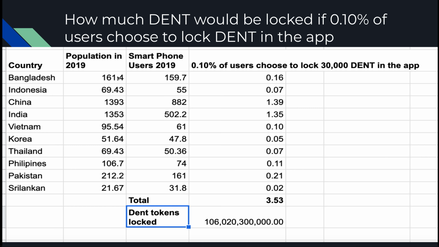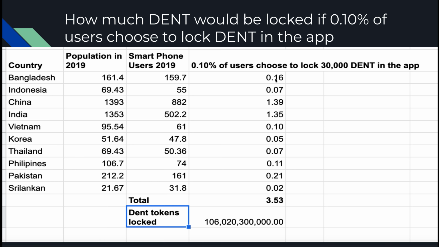We know the population, for example in Bangladesh, is 161 million, and the number of smartphone users is roughly 160 million. Out of those 160 million smartphone users, if just 0.1% of the users choose to lock 30,000 DENT in the app, that would be roughly 160,000 users.